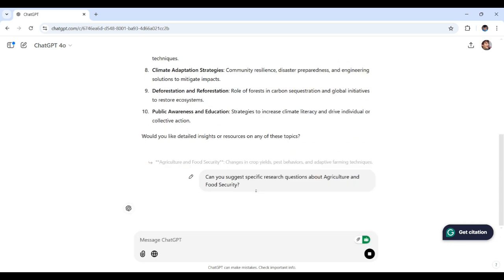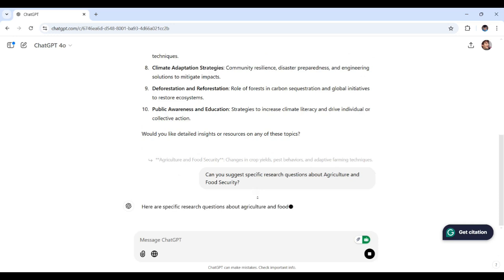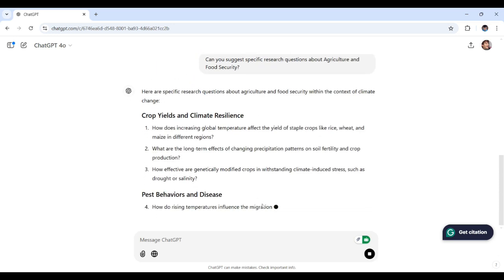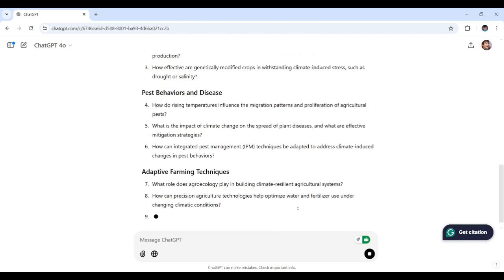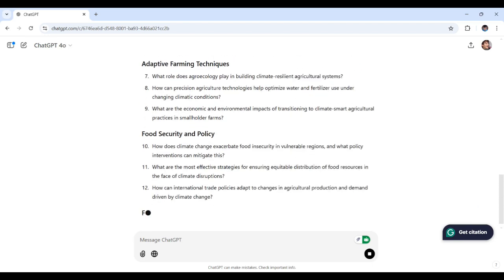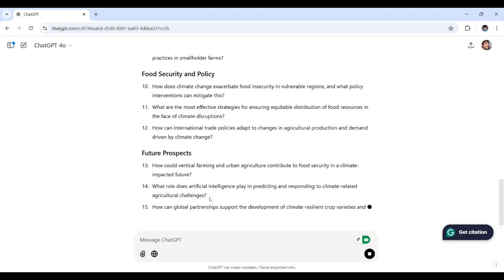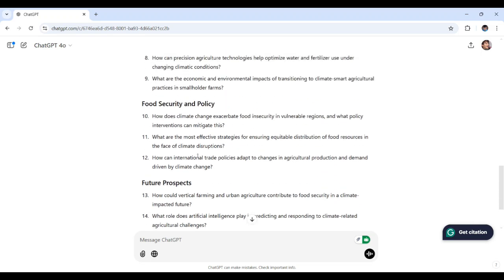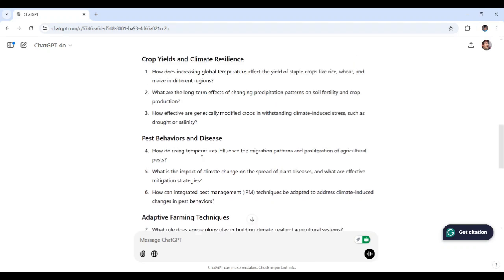So what's great about this step is how collaborative it feels. ChatGPT isn't just throwing random ideas at you. It's responding, as you can see, to the parameters you've set. All right, as you'll see right here, there are questions separated into sections.